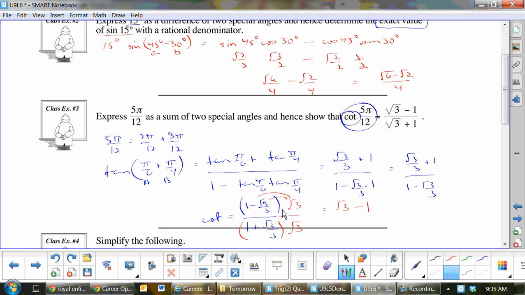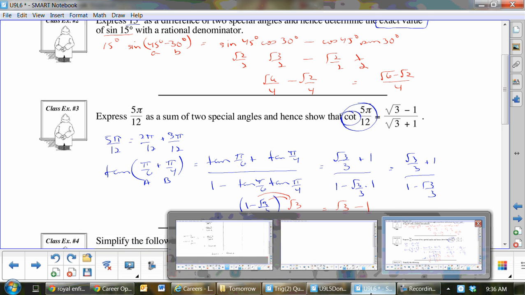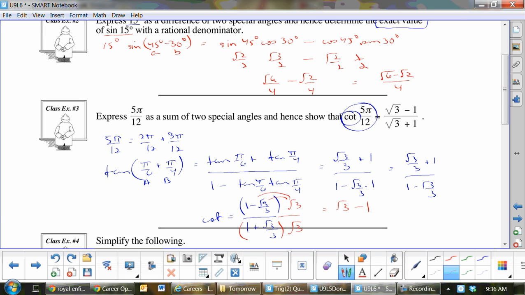So, again, root 3 times root 3 is not 9, it'd be root 9, which is 3, and then you take your 3 divided by 3 and you get 1. Okay, and same scenario on the bottom. Take your root 3, multiply, you got to distribute, right? So that'd be root 3 plus root 3 times root 3 is 3, 3 divided by 3 is 1. Okay, done.